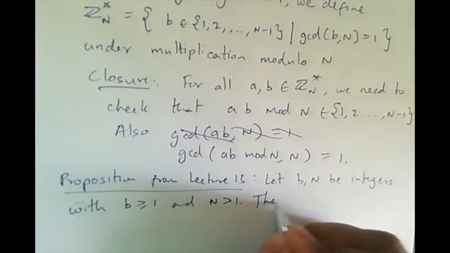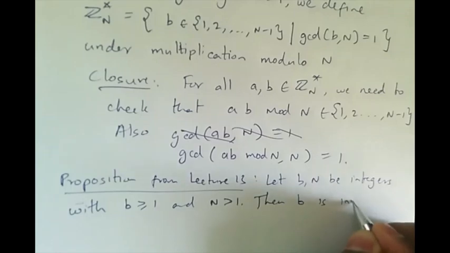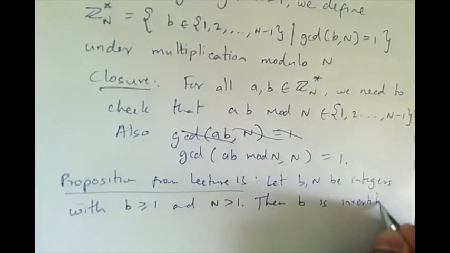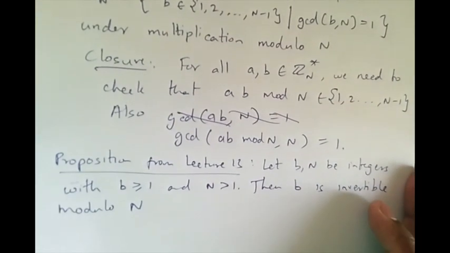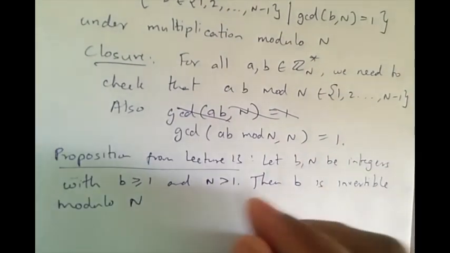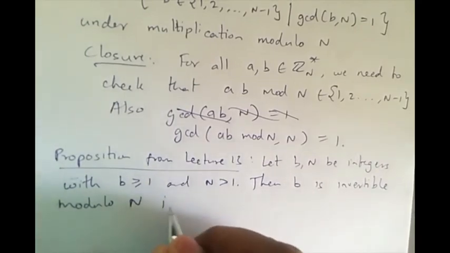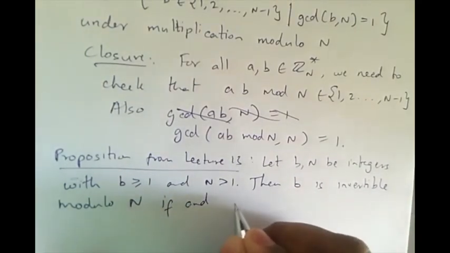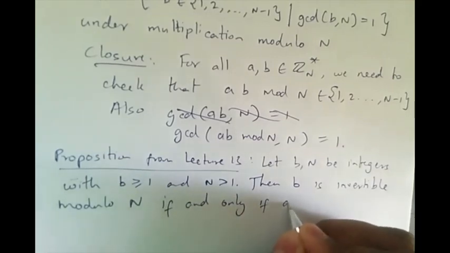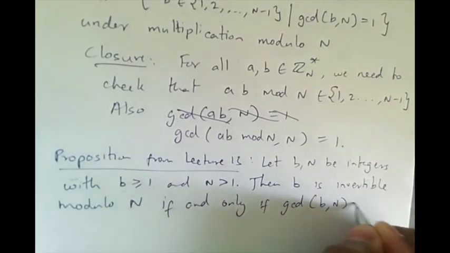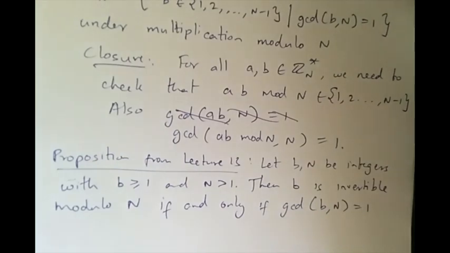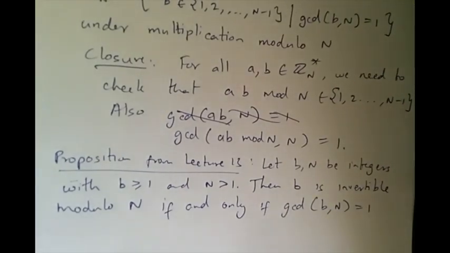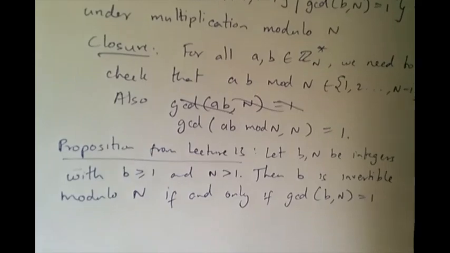Then b is invertible modulo n if and only if the GCD of b and n is 1. And the definition of invertible was that there exists some other integer c such that when you multiply b with c, the result is 1 modulo n.